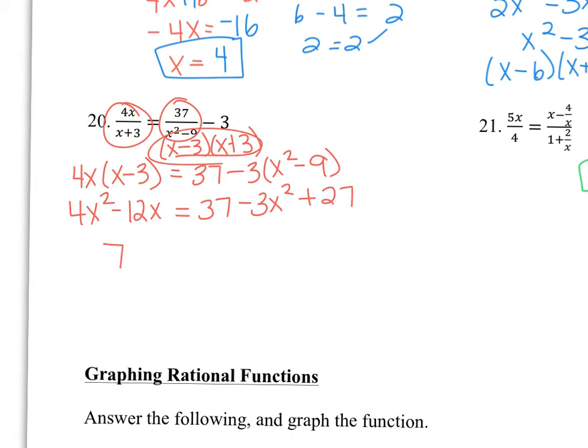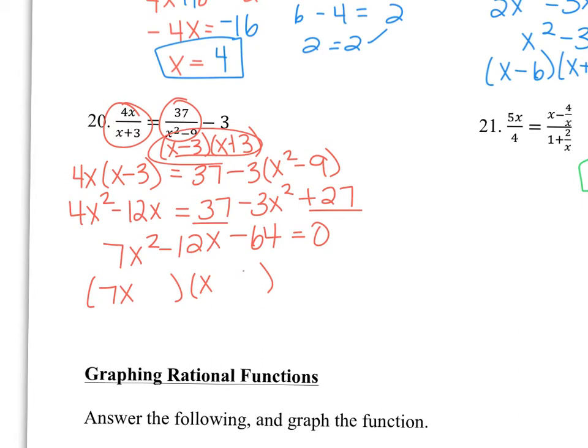So now I'm left with 7x squared minus 12x minus 64, because 37 and 27 make positive 64, but to move it to the other side I have to subtract it. Factors of 64, 16 and 4.